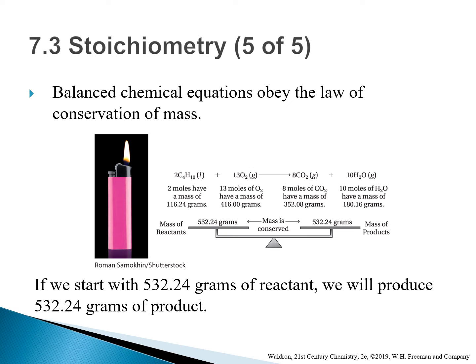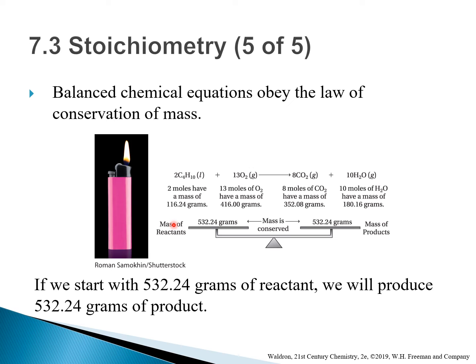The given balanced chemical equation tells us that 2 moles of butane react with 13 moles of oxygen gas to produce 8 moles of carbon dioxide and 10 moles of water.